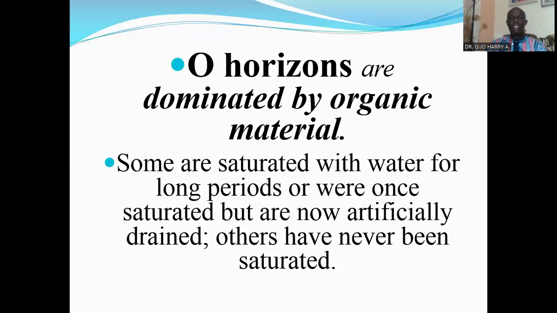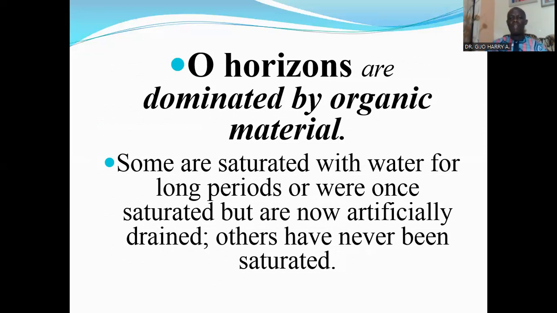The O horizons are dominated by organic materials, such as humus and other organic debris on the surface of the soil. Some are saturated with water for long periods or were once saturated but are now artificially drained.